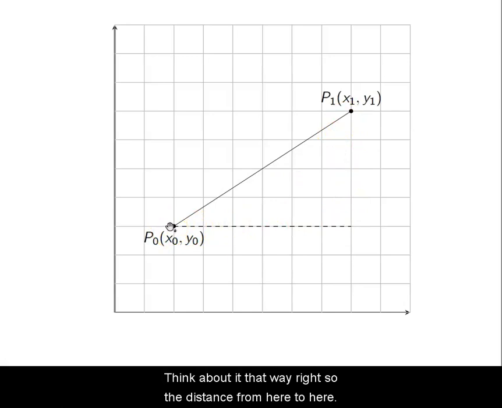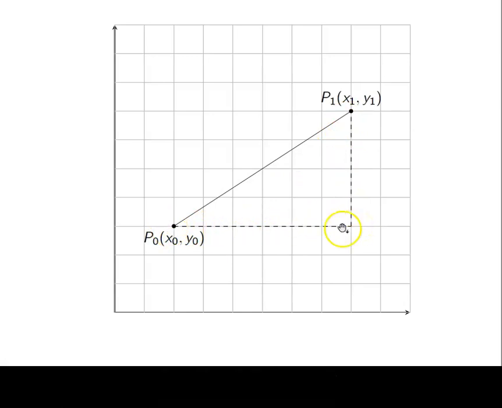So the distance from here to here, and then from here to here, this has a y value of y0, because this y goes with this point. This y value for this point is y1. Okay, so the distance here up and down vertically is this value minus that value.